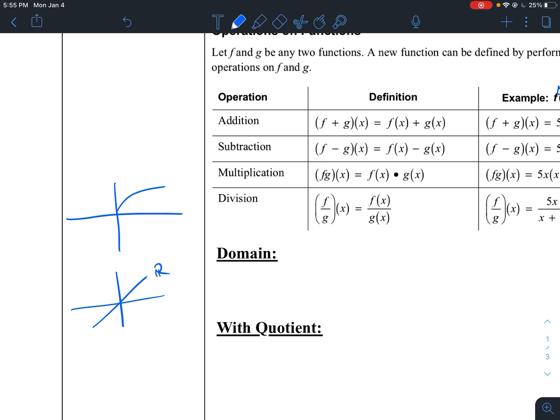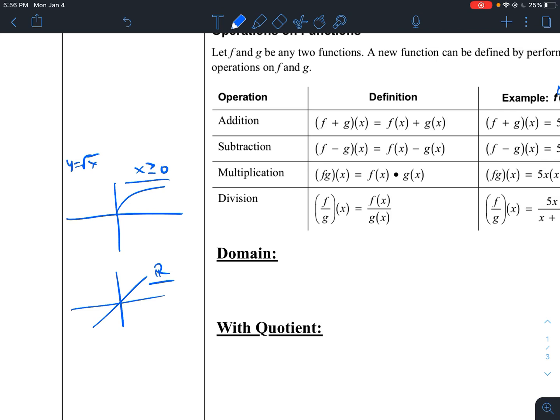But the domain for the square root function is x has to be greater than or equal to 0, because for y equals the square root of x, you can't have any x value less than 0, or else you get the square root of a negative number, and we don't want that. So these are the domains. Now let's say we added these two functions together. The domain has to be consistent with both of the domains of the original functions.